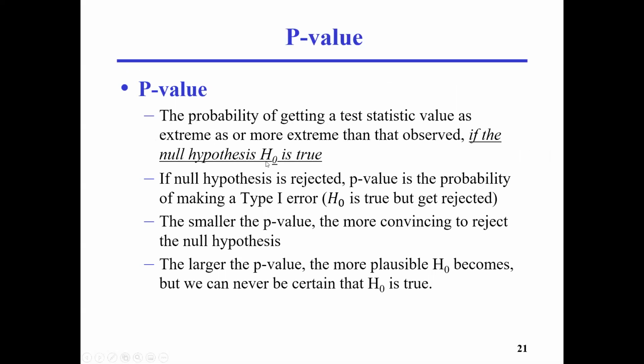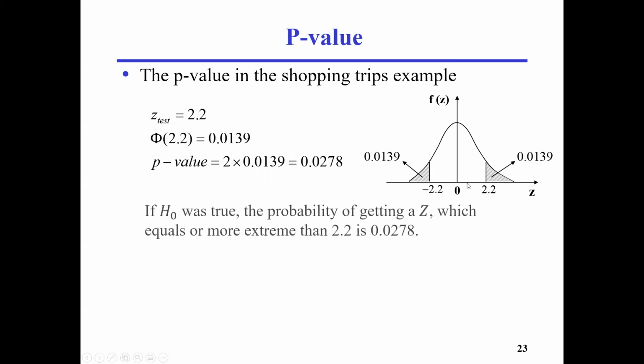Okay, if the hypothesis H0 is not true or is rejected, then p-value is the probability of making a type 1 error. Okay, so here, that's the meaning of 0.0278.